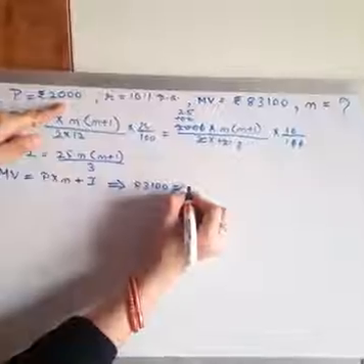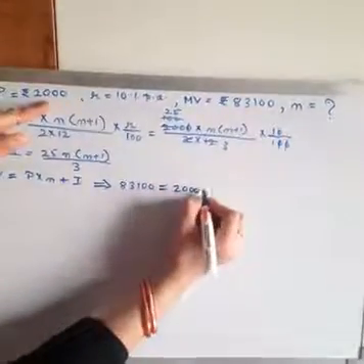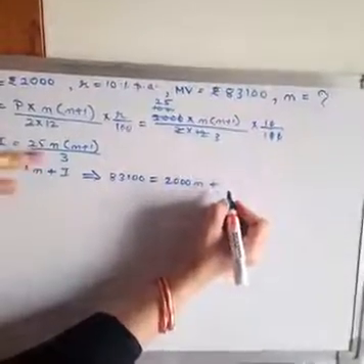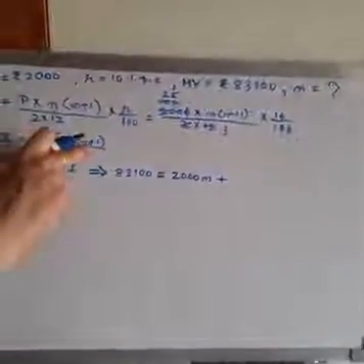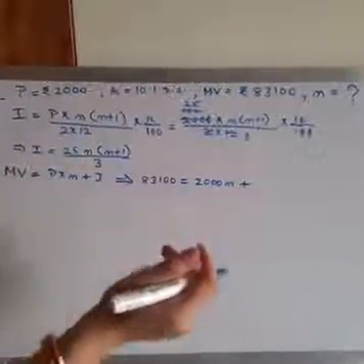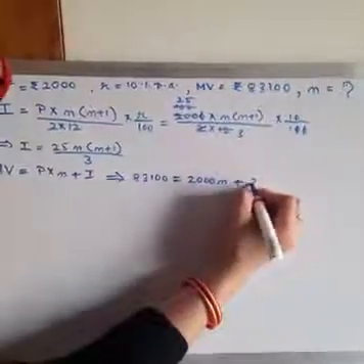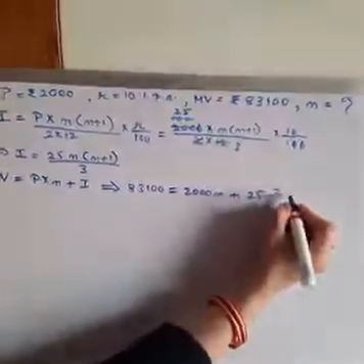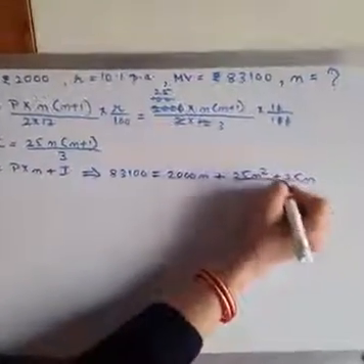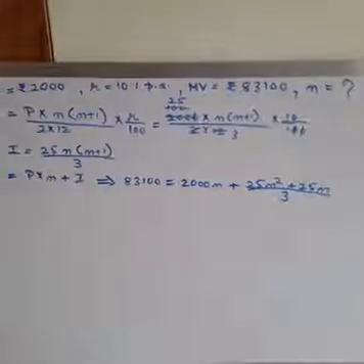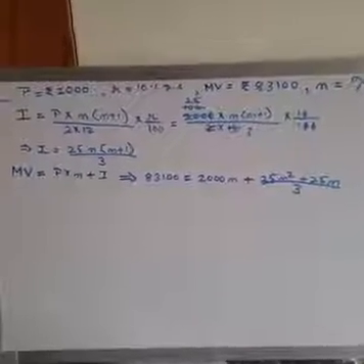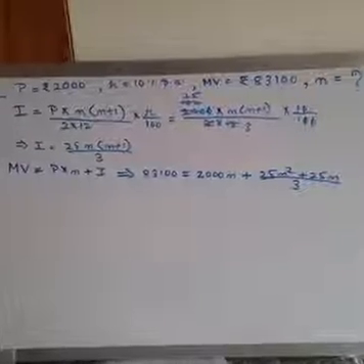So 2000 into N will be written as 2000N, fine, plus I. Plus I we have got as, now let's take this N inside the bracket and let it be multiplied, so that this can be written as 25N square plus 25N upon 3. Fine. Now this is a quadratic equation in N, solving which you will get two values of N.